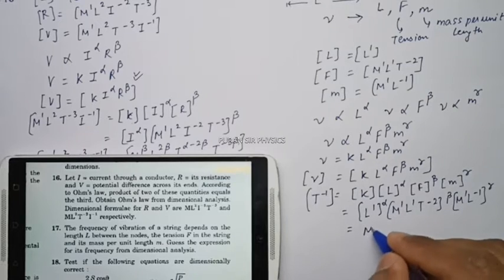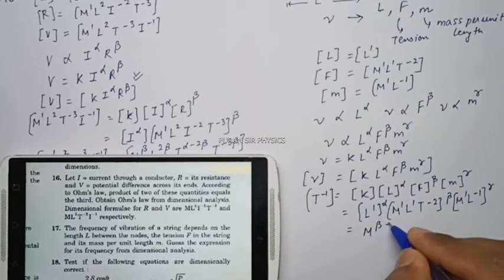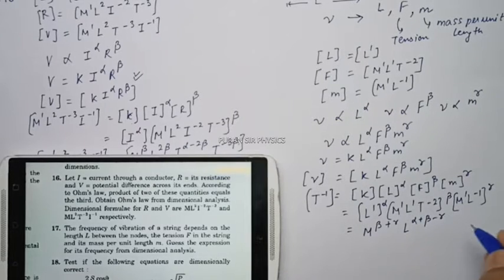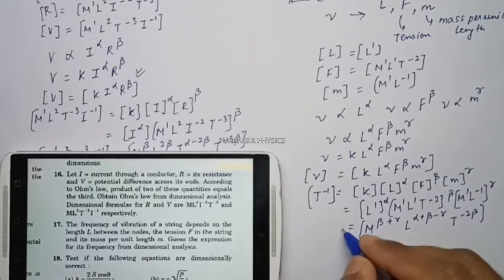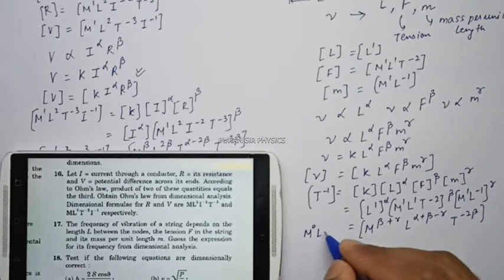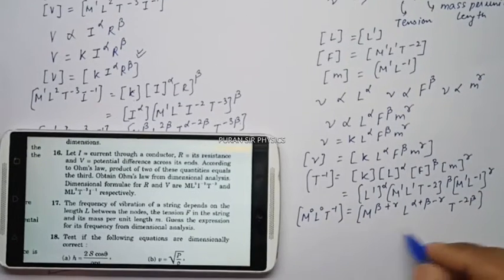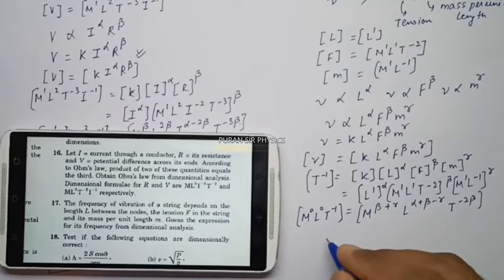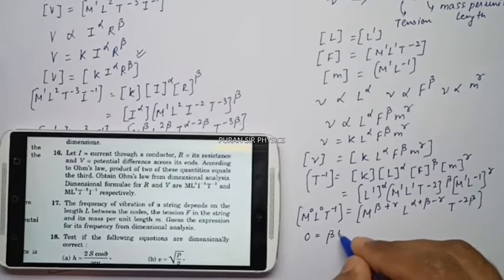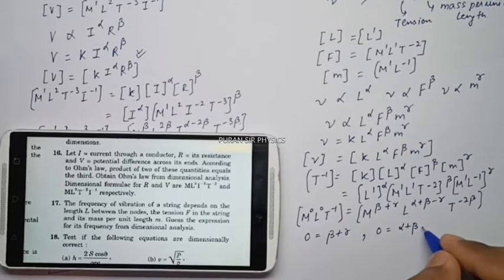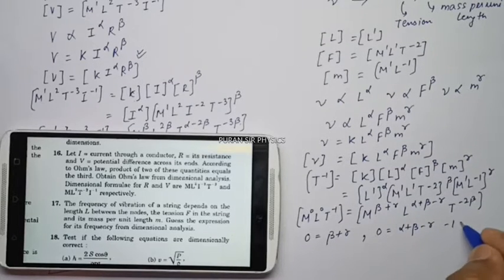So we club these together: M raised to power beta plus gamma, L raised to power alpha plus beta minus gamma, T raised to power minus 2 beta. This must equal M raised to power 0, L raised to power 0, T raised to power minus 1. If we compare left hand side and right hand side dimensions, 0 equals beta plus gamma, 0 equals alpha plus beta minus gamma, and minus 1 equals minus 2 beta.